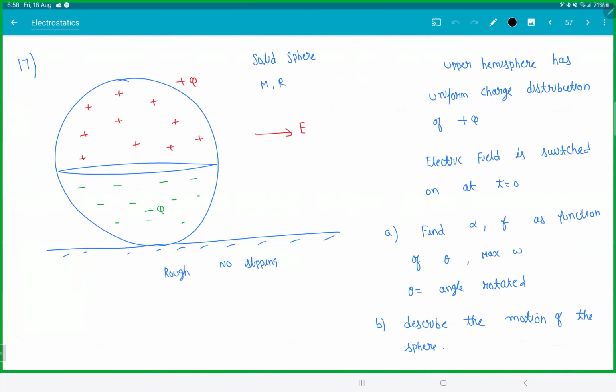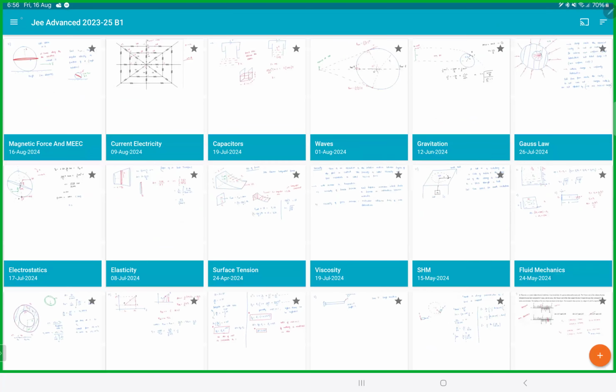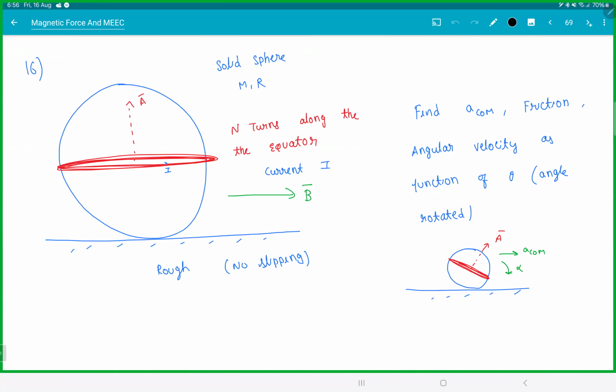The idea was the same. This was also actually a dipole, isn't it? You can take the dipole at the center of mass. This was P bar cross E bar. So draw the diagram in the intermediate position at an angle when it is rotated by theta, and then see. Take theta with the vertical, because you're saying angle rotated.